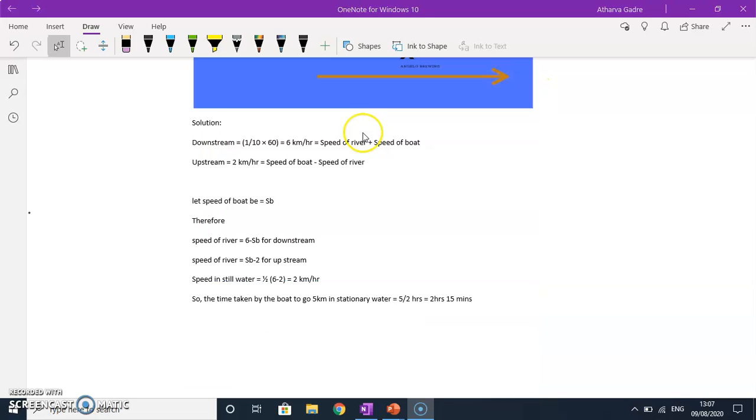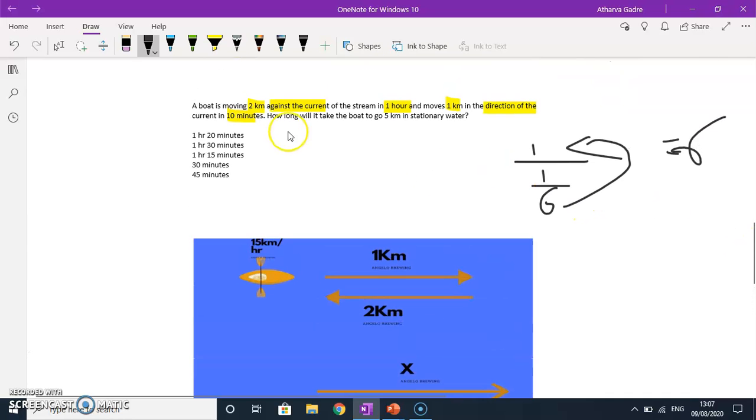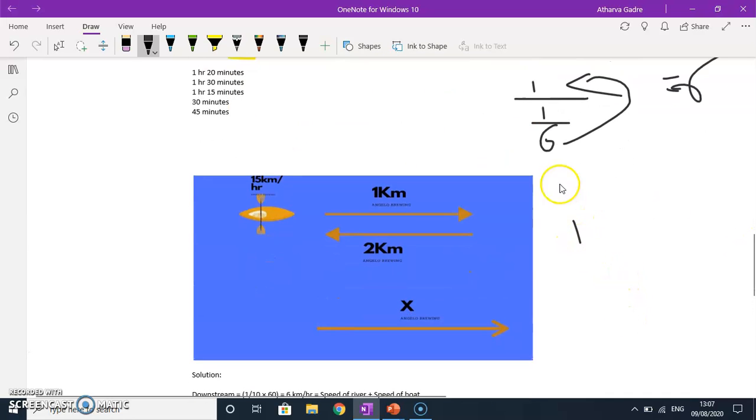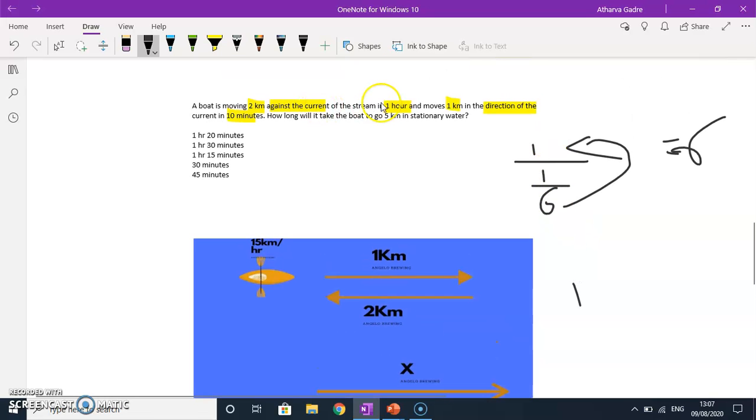So we can say that the total speed of the boat, including the speed of the river and speed of the boat in still water, is 6 kilometers per hour. How do we reach this conclusion? As you can see, it travels 1 kilometer in 1 by 6 hours, that is 10 minutes.